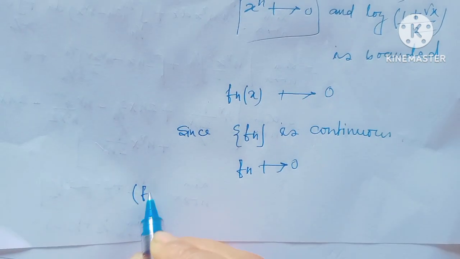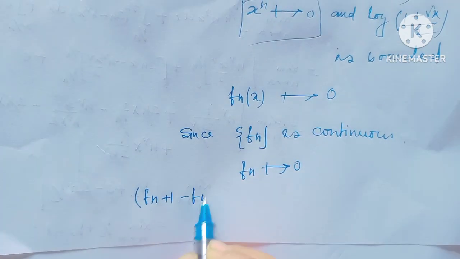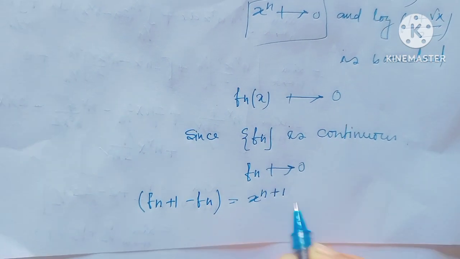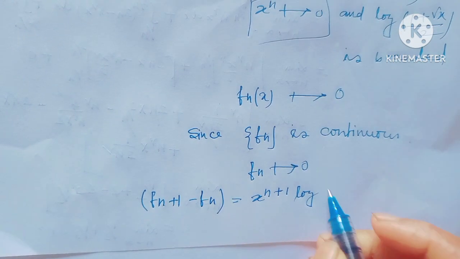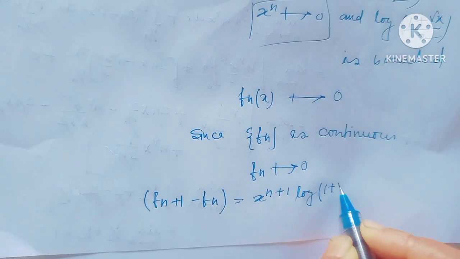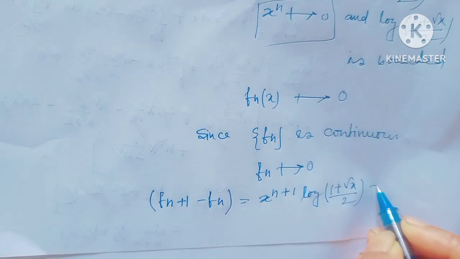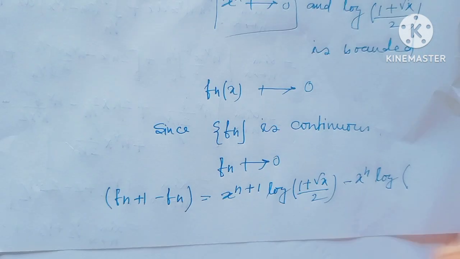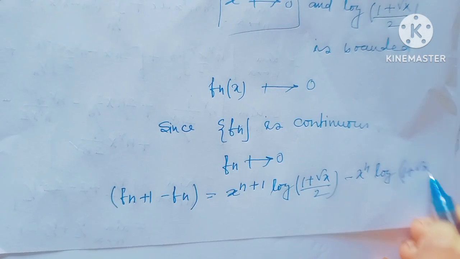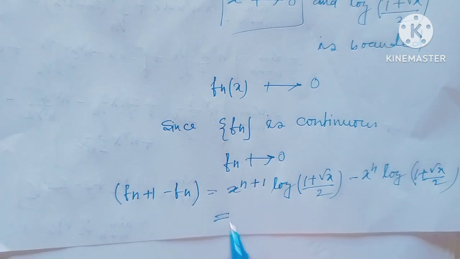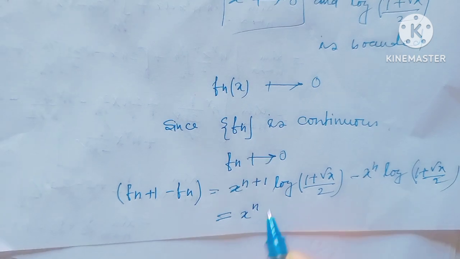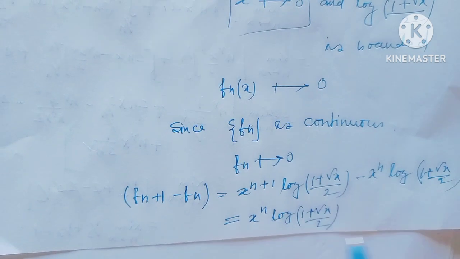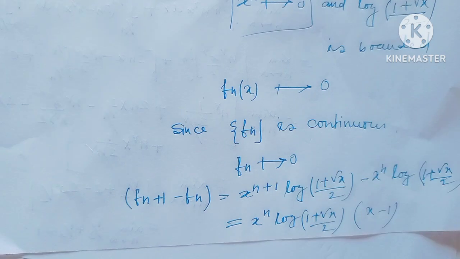and fn+1 minus fn is equal to x to the power n+1 log((1 + √x)/2) minus x to the power n log((1 + √x)/2). This value is equal to x to the power n times log((1 + √x)/2) times (x − 1).